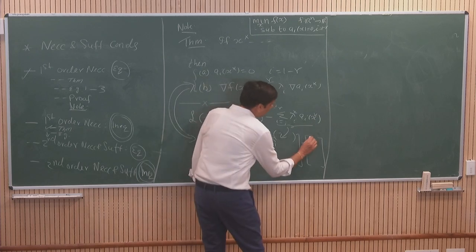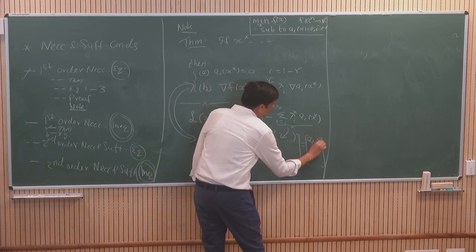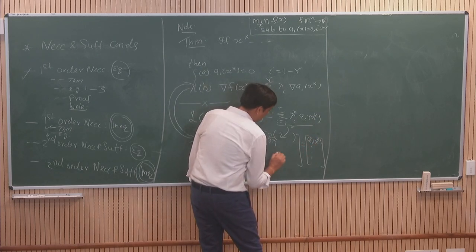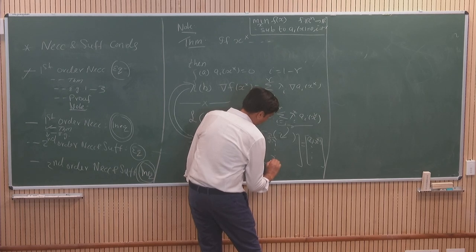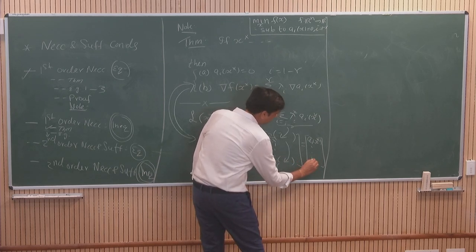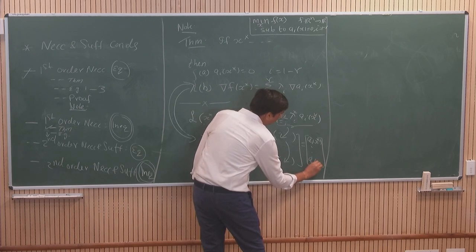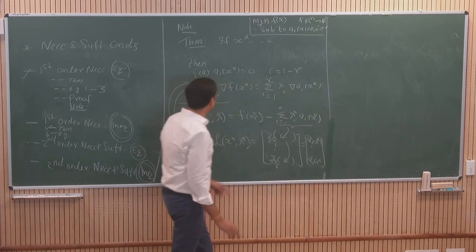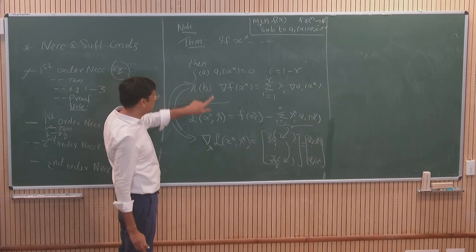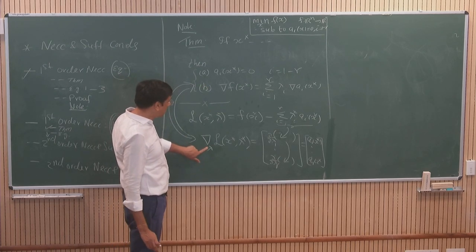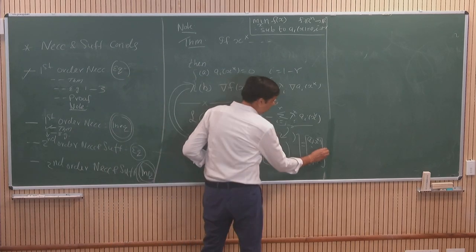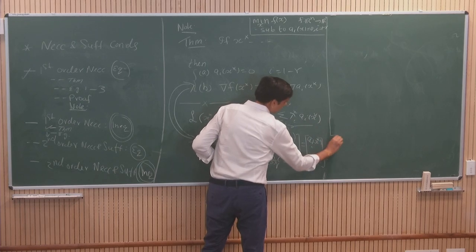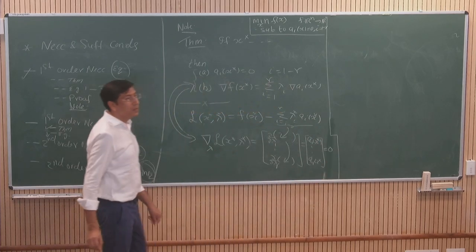So this will be nothing but A1 x star. And similarly, if you do it with respect to lambda r, you will get AR of x star. So this first condition is equivalent to saying the gradient of the Lagrangian with respect to lambda is equal to 0.